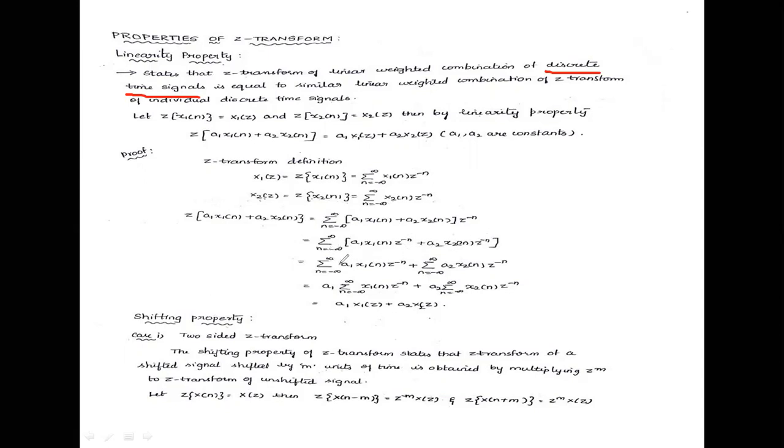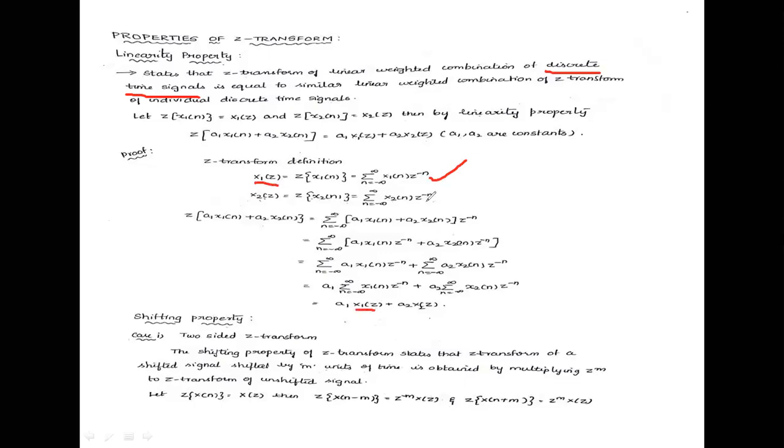Split into two parts with the summation: sum of a1 x1 of n Z power minus n plus sum of a2 x2 of n Z power minus n. Check a1 on the outside: the sum of x1 of n Z power minus n is X1 of Z.